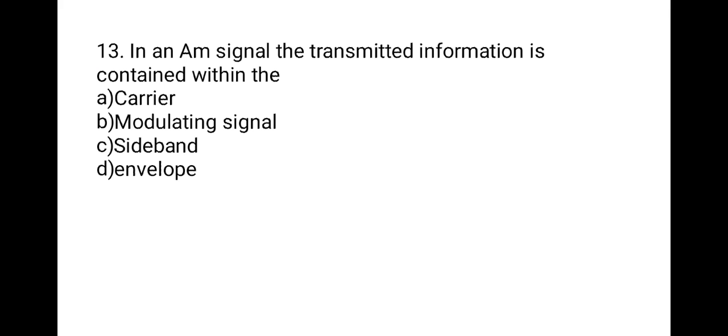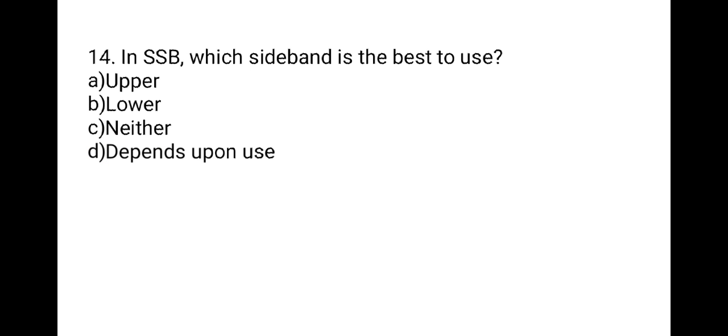The next question, in an AM signal, the transmitted information is contained within the, and the correct option is sideband. The next question, in SSB, meaning single sideband, which sideband is the best to use? First upper, second lower, third neither, and last one is depends upon use. And the correct option is depends upon use.